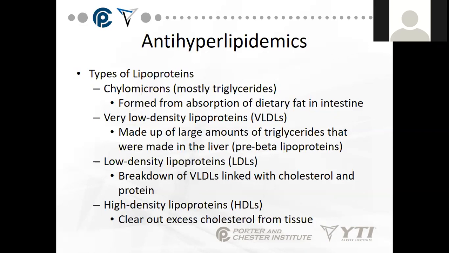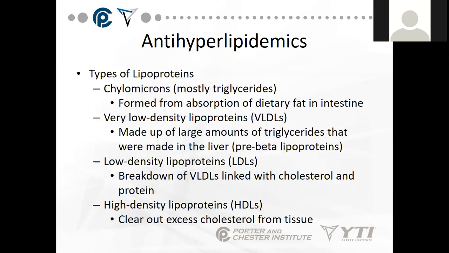Those are all your antihyperlipidemics. Again, not to go through too much of the actions, but make sure you read through it so you can understand what they actually do, like I explained a little bit to you.